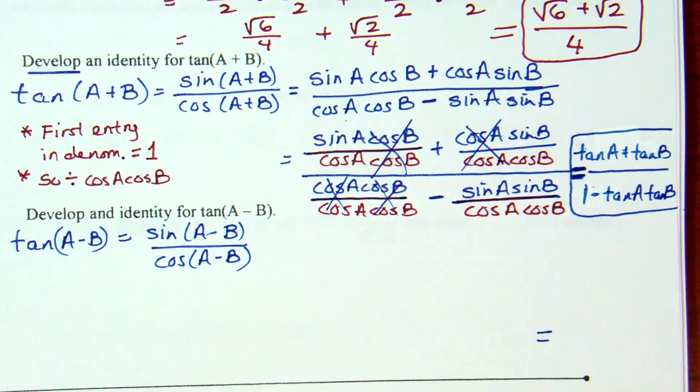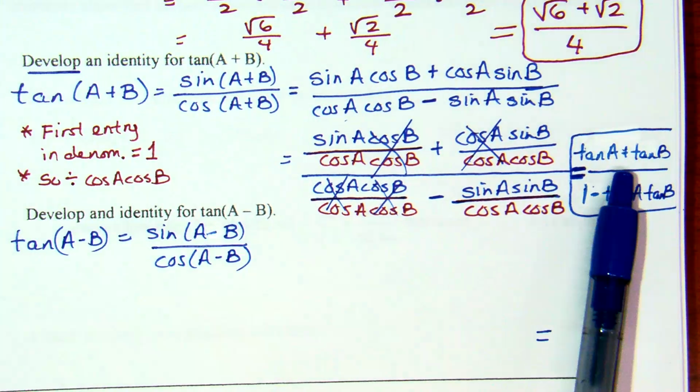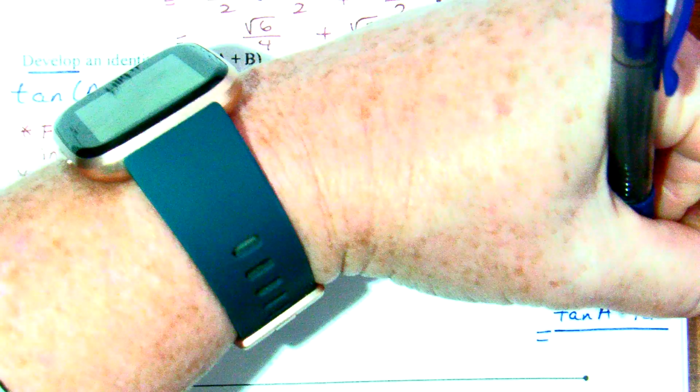Since this starts off tangent A minus B, that plus on top changes to minus, the minus on top changes to plus. So this would equal, if we actually worked it out, which, sorry, I'm taking the lazy route out, tangent A minus tangent B over, instead of 1 minus, it's going to be 1 plus tangent A tangent B.